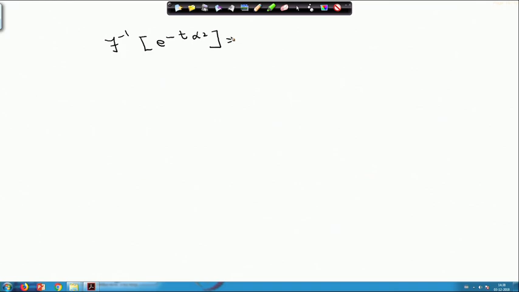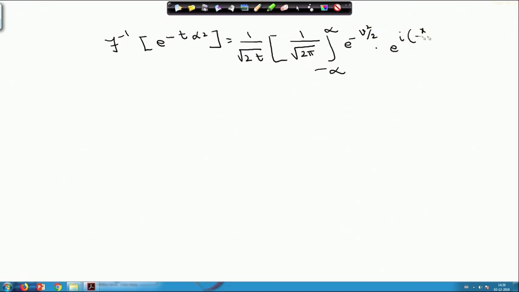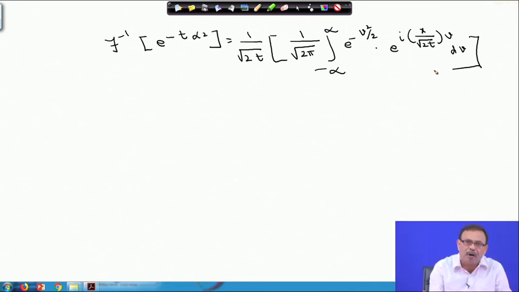This equals 1 by root 2 t into 1 by root 2 pi, integral from minus infinity to infinity of e power minus v square by 2 into e power I into x by root 2 t into v dv.